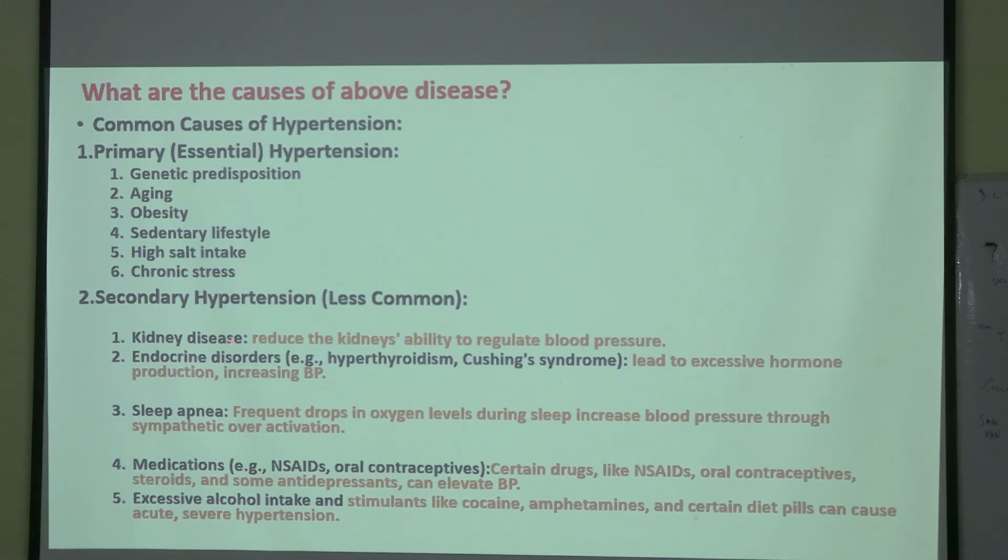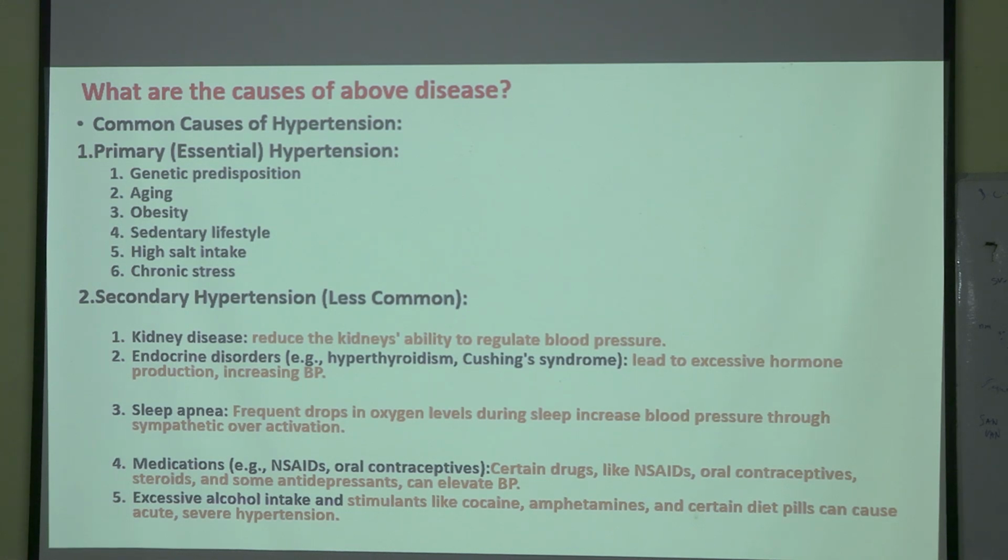So these are also known as causative factors, and these factors are mainly involved with the development of secondary hypertension. If you see the first one, that is kidney disease or renal abnormality, in this case there is a decrease in the ability to regulate blood pressure.